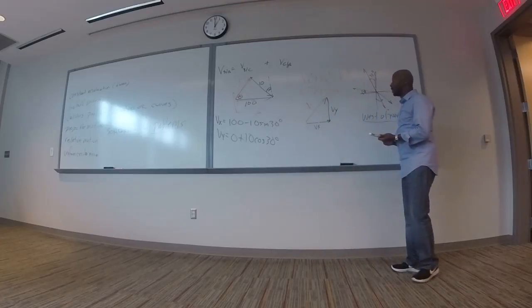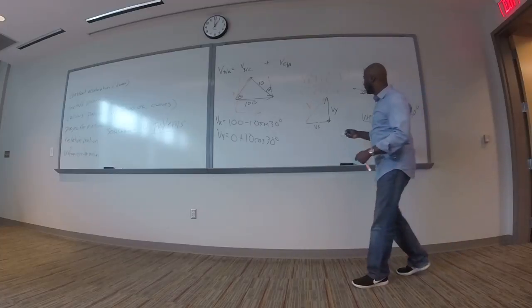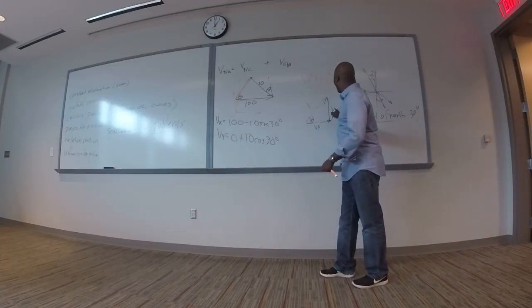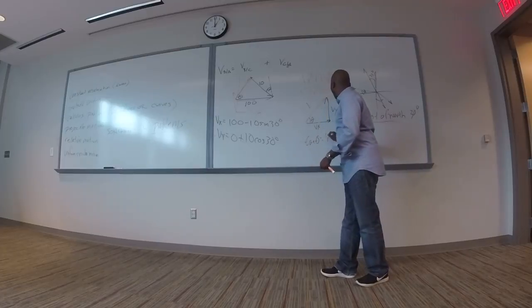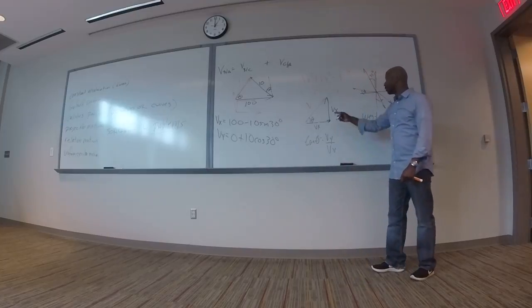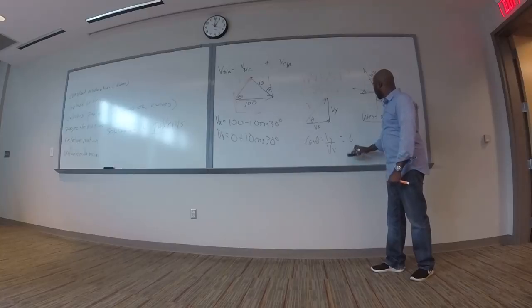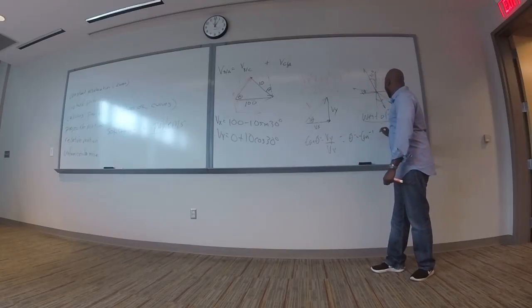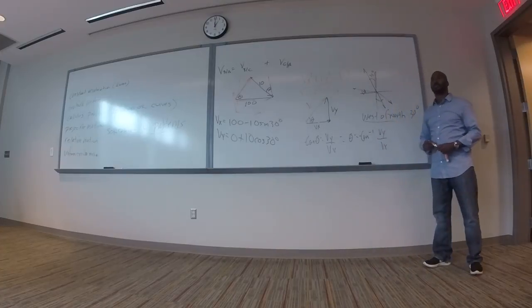And now if you want to get your angle, if I know vy and vx, I might just say the tangent of theta equals vy over vx, opposite over adjacent. Therefore theta is equal to the inverse tangent of vy over vx. That's how I got the heading. So that was what they meant.